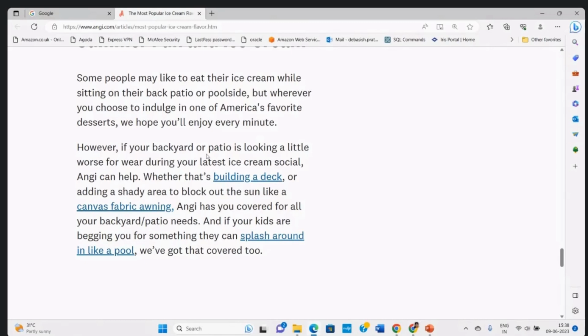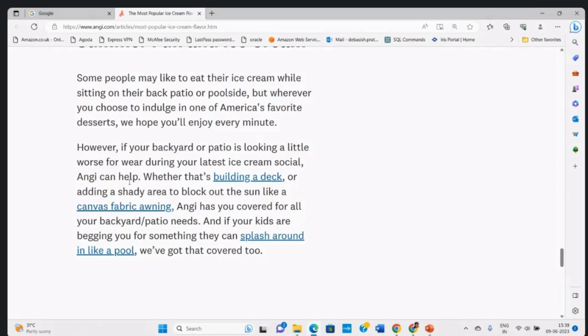If your backyard or patio is looking a little worse for wear during the latest ice cream social, Angi can help. Whether that's building a deck or adding a shady area to block out the sun like a canvas fabric awning, Angi has you covered for all your backyard and patio needs.